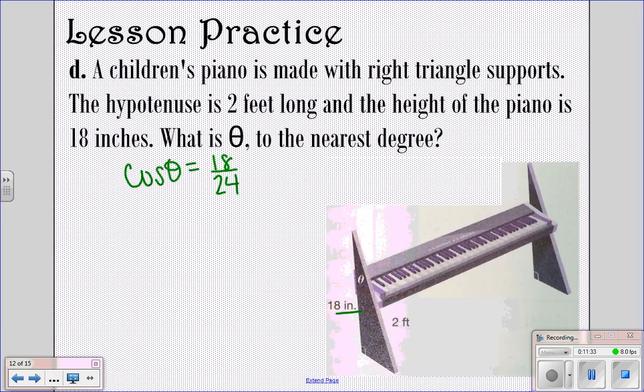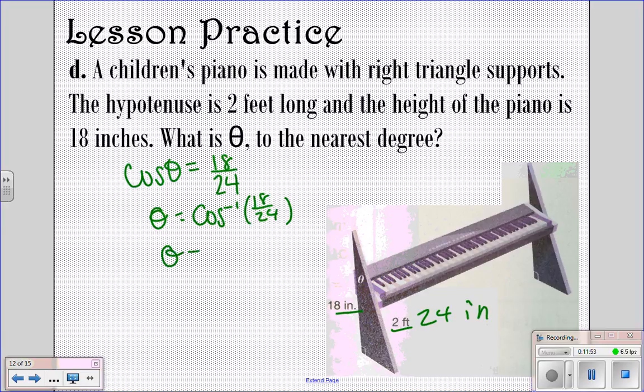This is in inches, this is in feet. 2 feet is the same thing as 24 inches. So I'm going to convert it so that they're in the same units. Okay, and so then if you rewrite it, 18 over 24, and you plug that into your calculator, you should get 41 degrees. Okay, so hopefully those make sense to you.